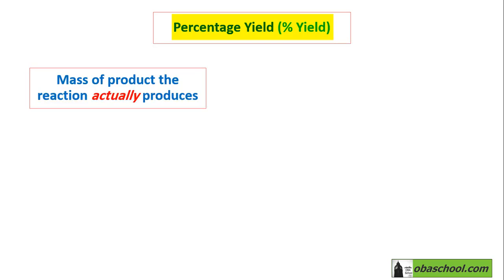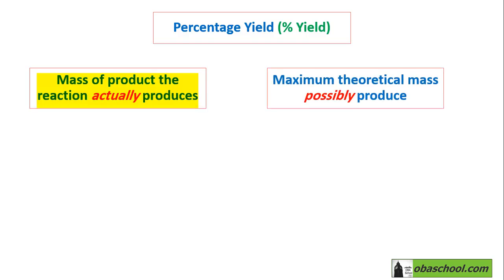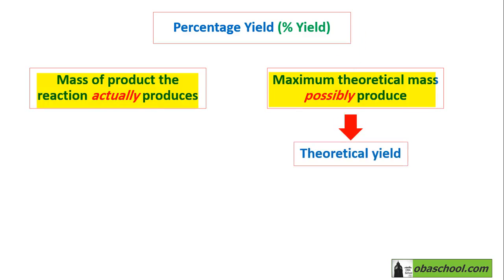This compares the mass of the product that the reaction actually produces in reality with what? With the maximum theoretical mass that it could possibly produce, which means according to our calculation, as predicted from the balanced symbol equation. So, the maximum mass possible is known as the theoretical yield of a reaction.